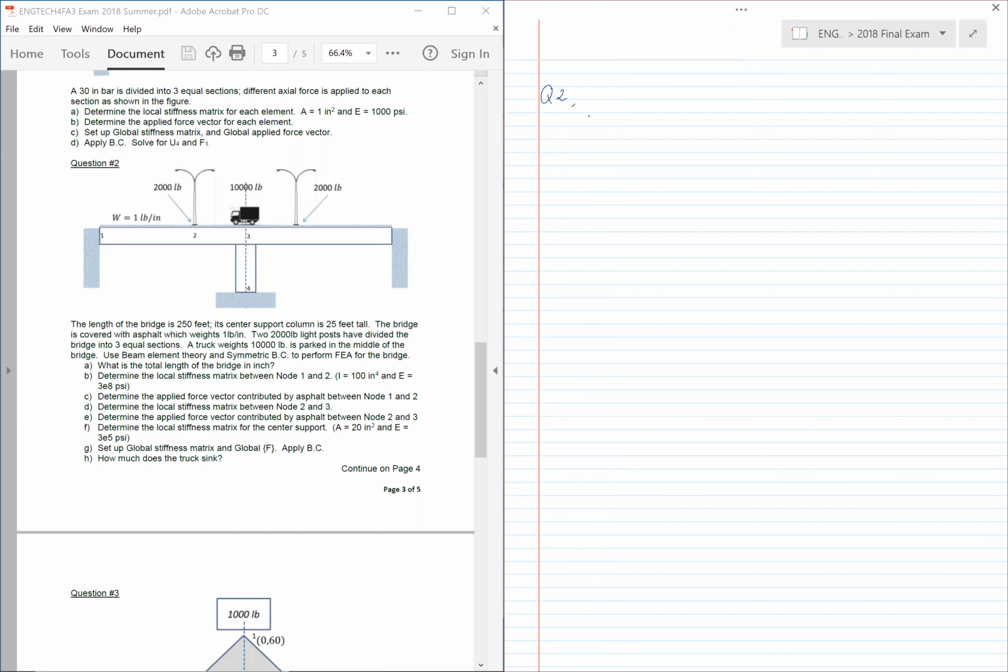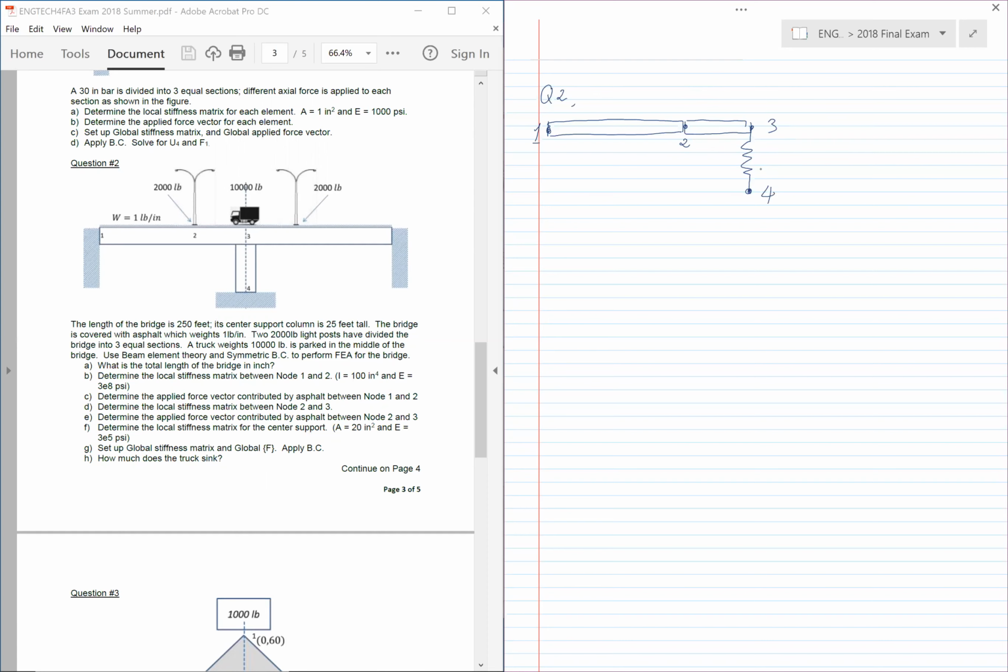Right away you understand there are 2 beam elements, one longer, one shorter, and then I have a column as well, which is a spring or rod element. So we name them 1, 2, node 3, and node 4.